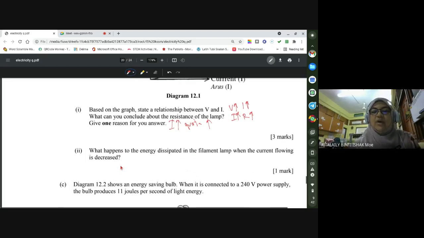What about B2? What happens to the energy dissipated in the filament lamp when the current flowing is decreased? When current decreases, what happens to the energy dissipated, or what happens to the heat release?